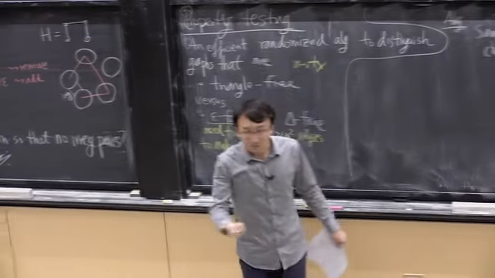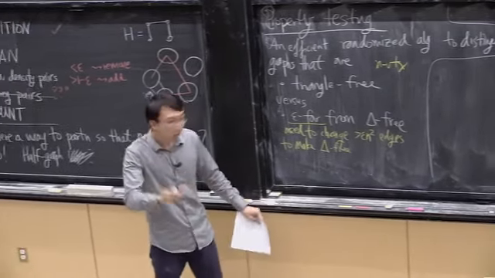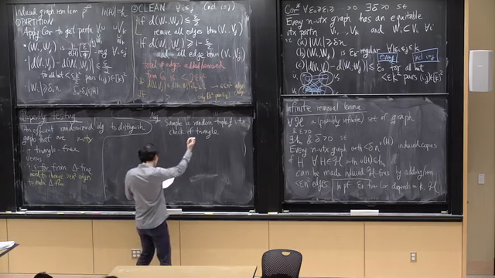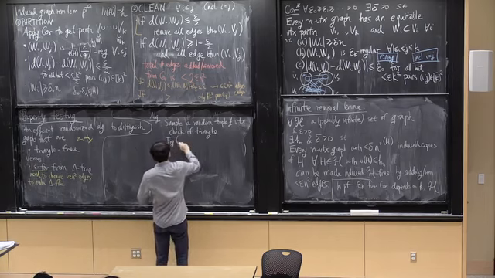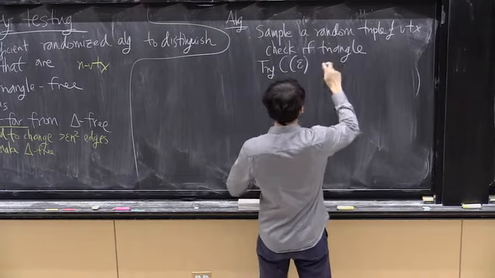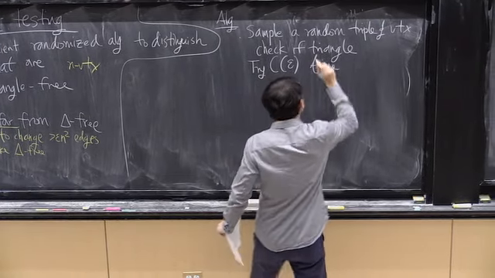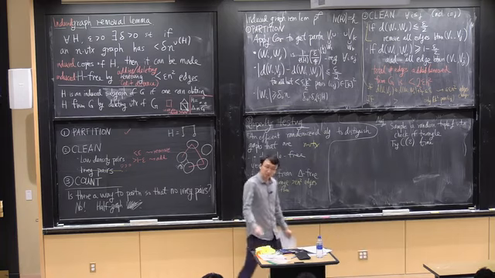Okay, so you do this. And just to make our life a bit more secure, let's try it some larger number of times, some c of epsilon, some constant number of times.